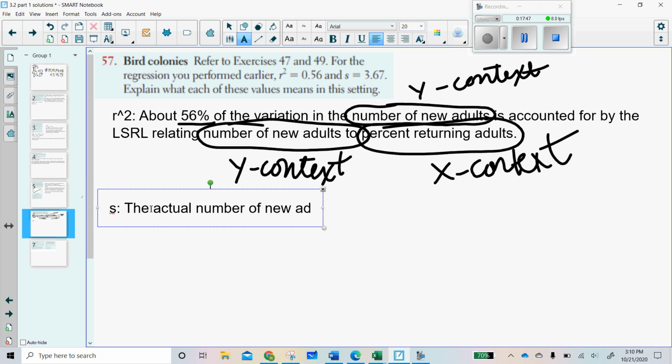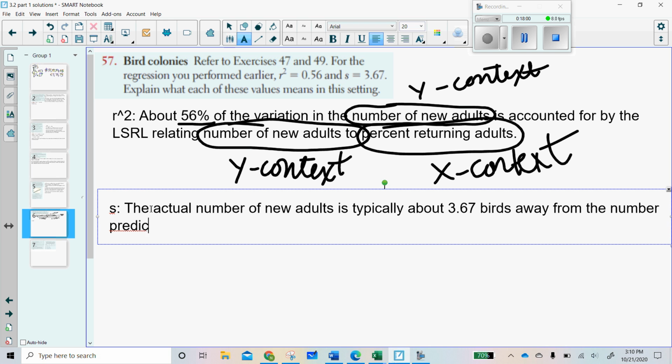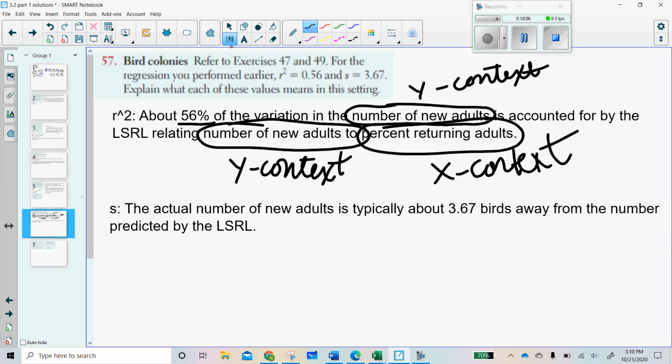So the actual number of new adults is typically about 3.67 birds away from the number predicted by the least squared regression line. Okay, so again, I can use this script: this is the y context, and then this is S.